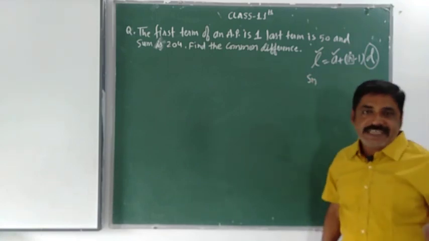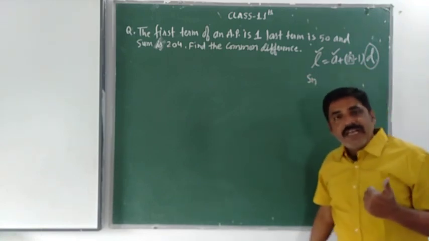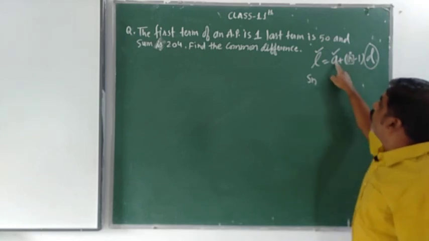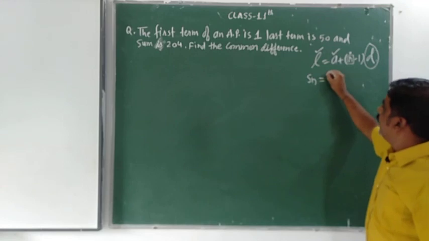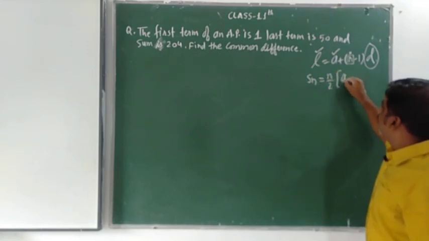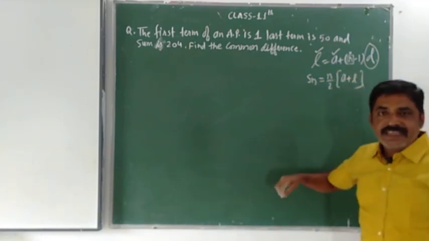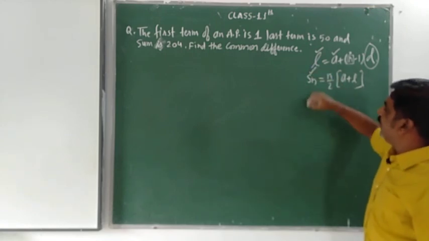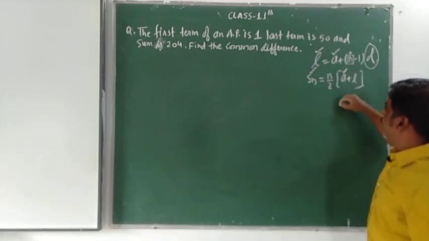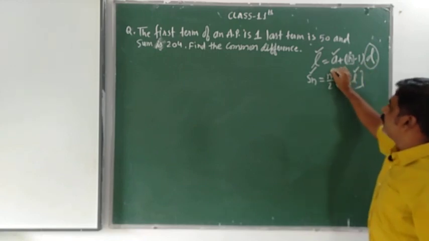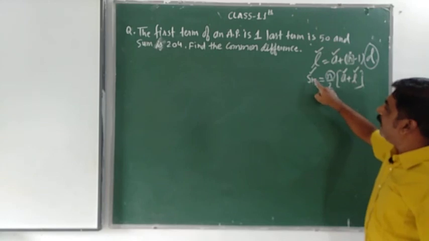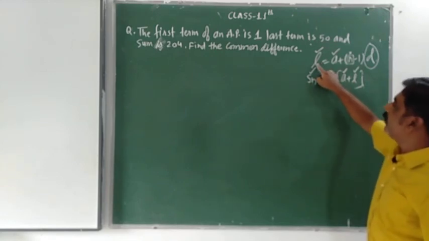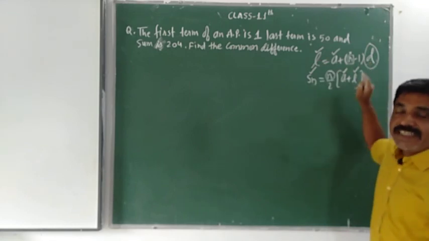Sum means Sn. A formula related to the first term and last term of Sn is Sn is equal to n by 2 into a plus l. We have Sn, a and l, so we can easily find n. So first apply this formula to get the value of n, and then apply the other formula to get the value of d. Clear?